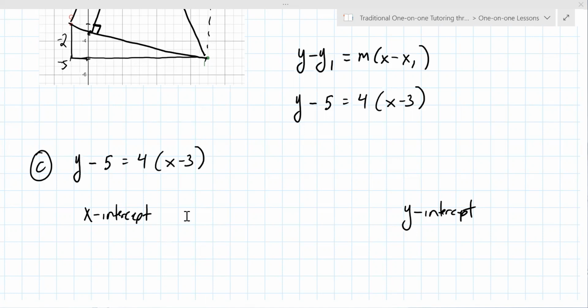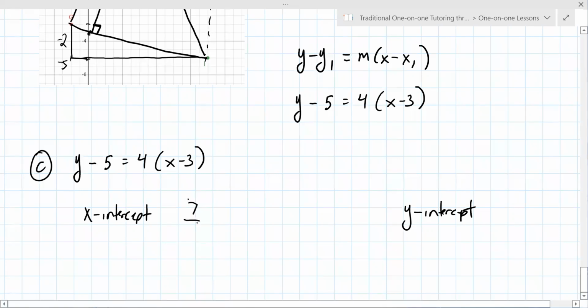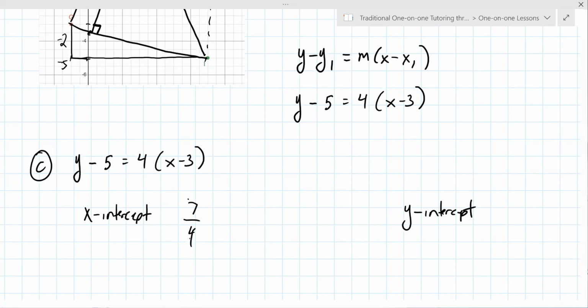Yes, it's 7 over 4 or 1.75. All right, I'll start working for y. Great.